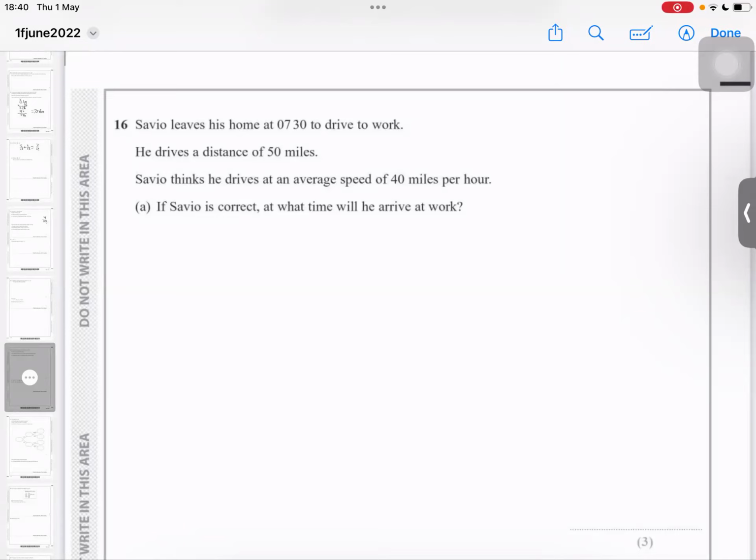If Savio is correct, at what time will he arrive at work? Okay, so the formula for this kind of question is speed equals distance over time. So speed, sorry, distance divided by time.